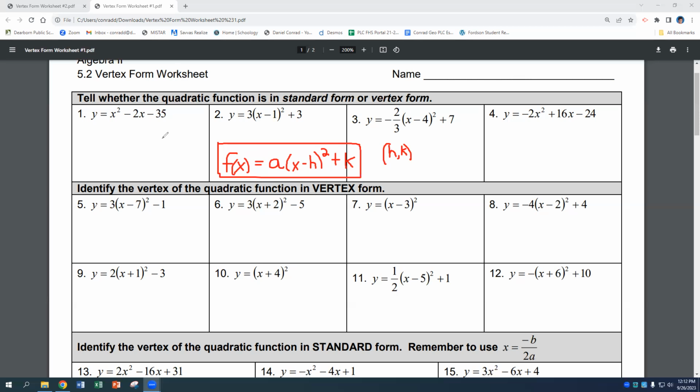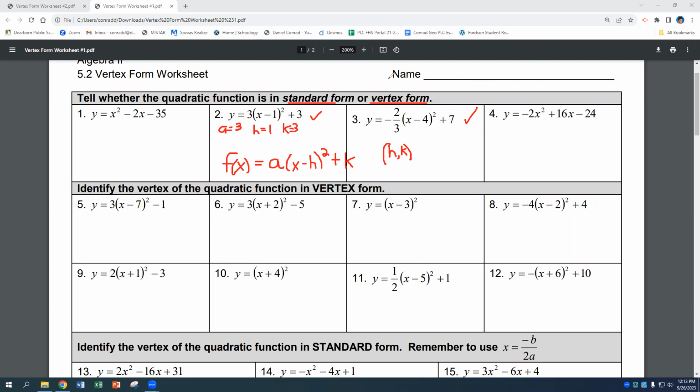Okay, so if we look at 1 through 4 here, which ones are standard form, which ones are vertex form? We're not really going to worry about standard form yet. So vertex form would be 2 and 3. Those are in vertex form. So for number 2 here, a is going to be 3, h is going to be 1, and k is going to be 3.